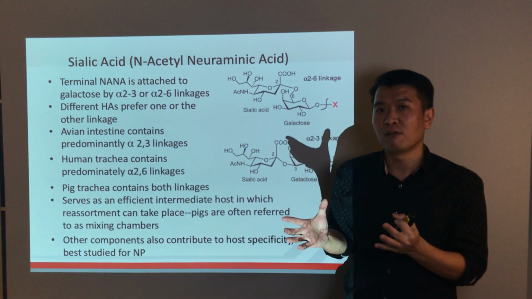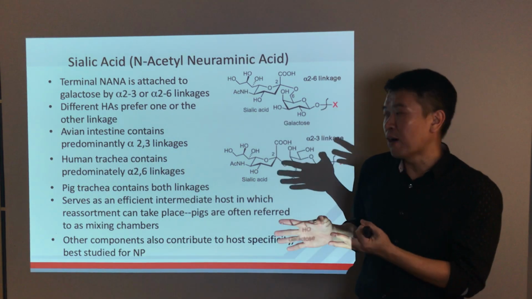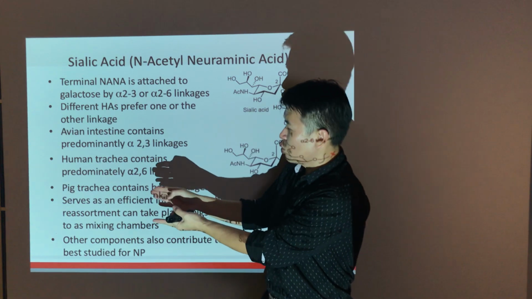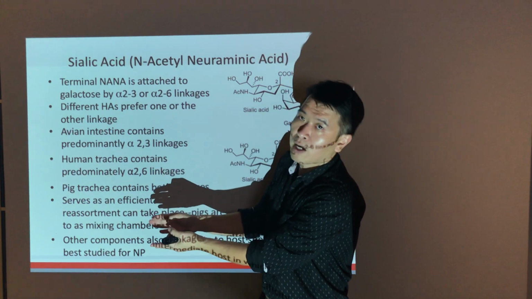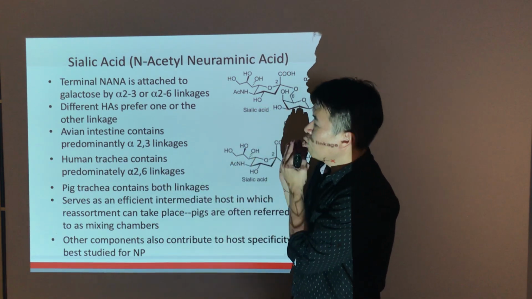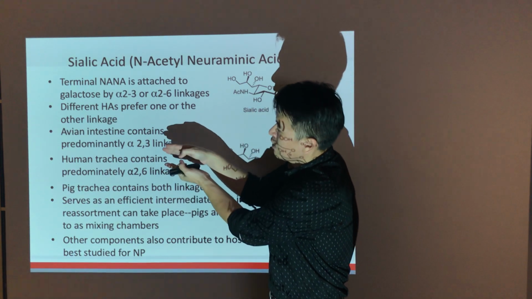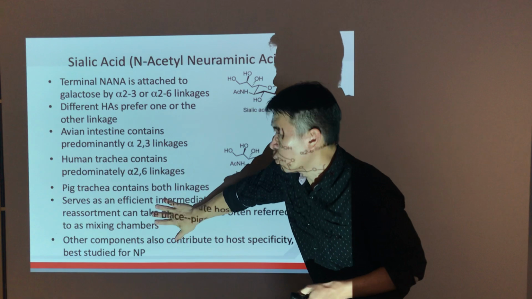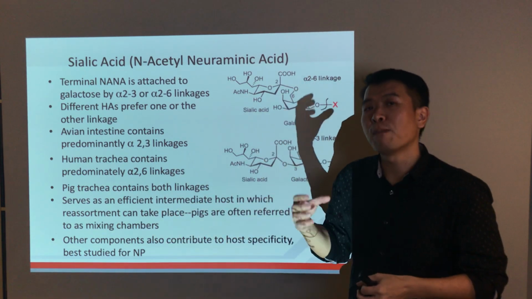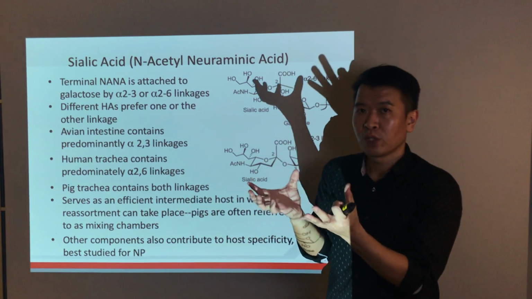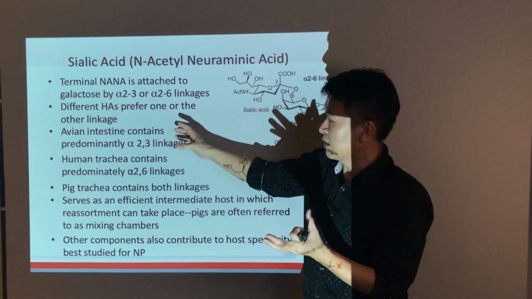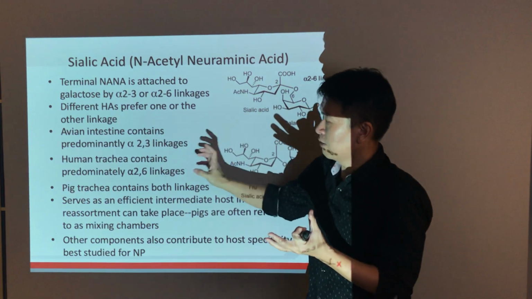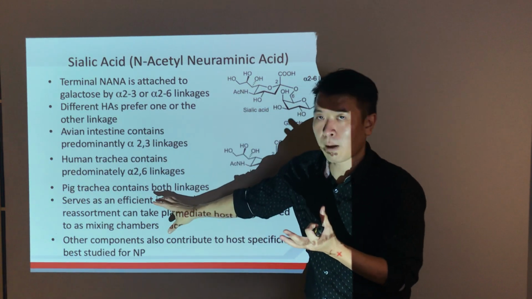So this results in flu virus that only recognizes 2,6 also being able to infect swine, and flu virus that recognizes 2,3 can also infect swine. So the swine or the pig can become a mixing bowl. Any virus that can infect birds, and any virus that can infect humans, can also infect pigs.